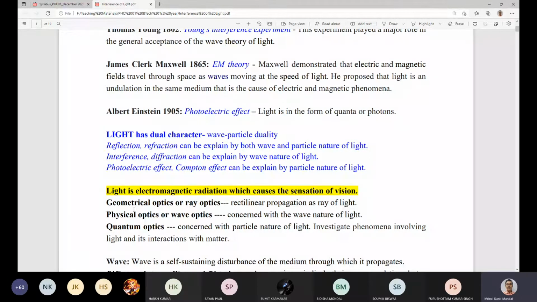Another thing is quantum optics. Quantum optics is basically concerned with the particle nature of light, and it is basically the interaction between matter and light. So this can be considered as the quanta or particle nature. Here we consider light to be in the form of particles, that is, quanta of energy, right?